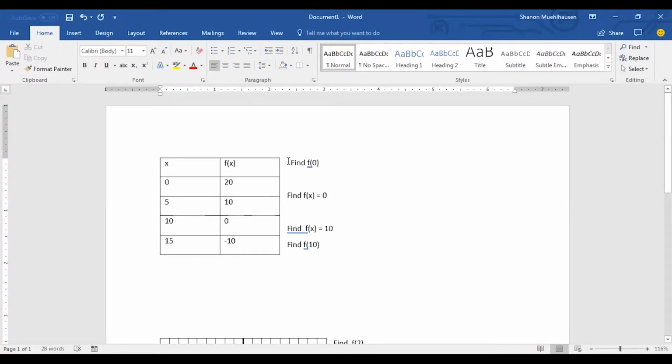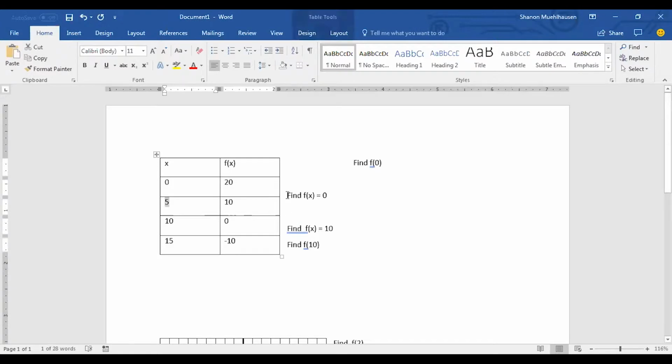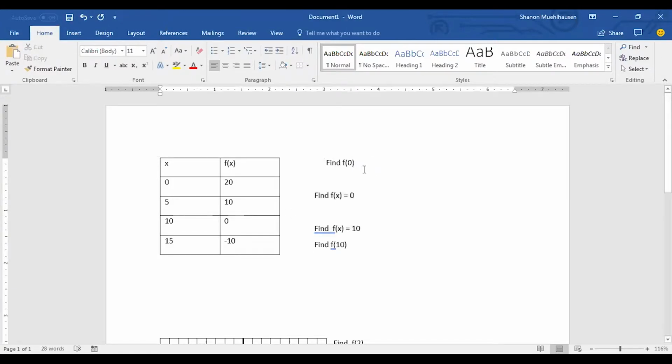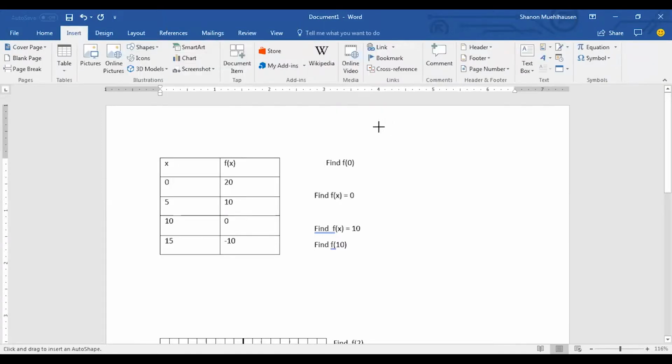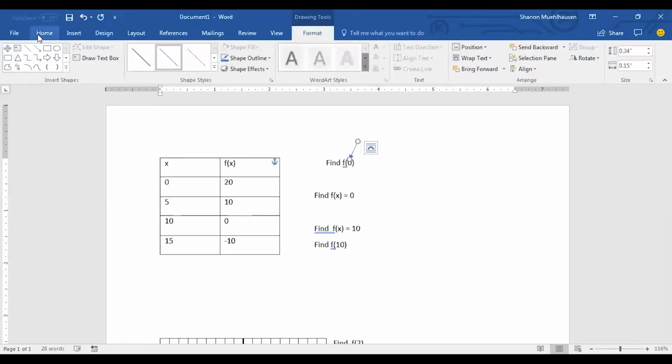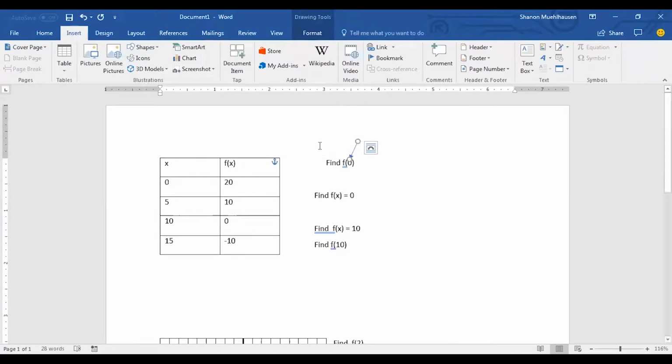So my 4 questions here, and I'm gonna give these a little bit more space. The first one says find f of 0. What I want you to remember when you're working with function notation is whenever you see a number inside of this parenthesis here, that number is an x.